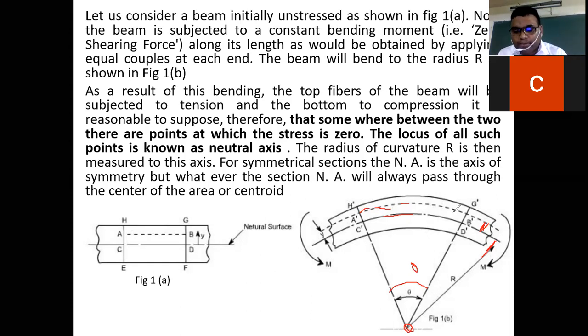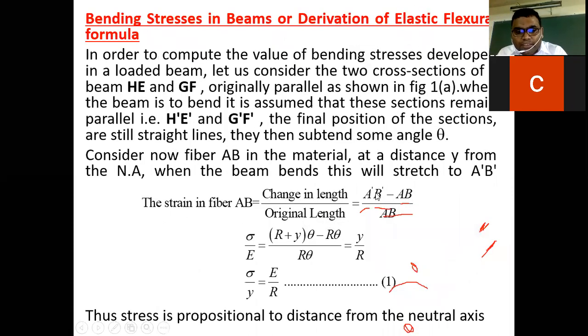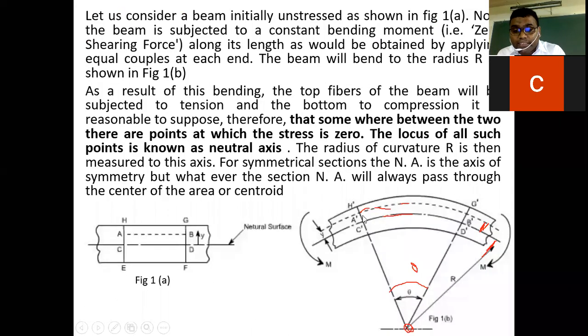So we can write it like this: r plus y into theta. This is the length of A dash B dash after applying the couple. We reach r plus y and just multiply by this angle theta.